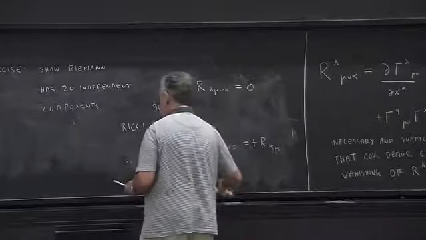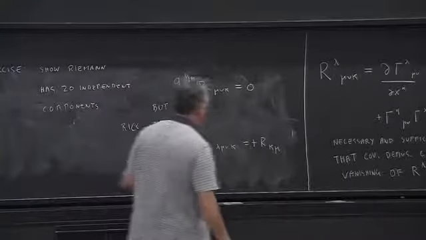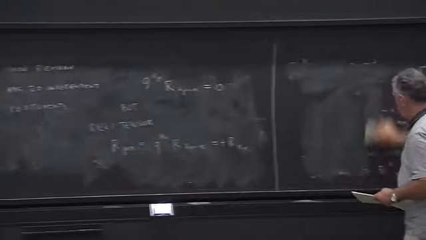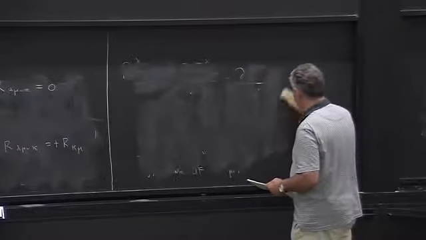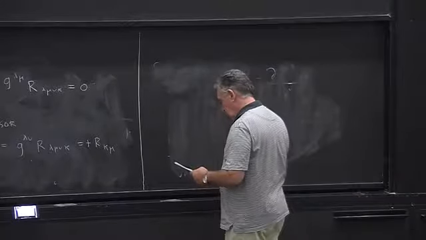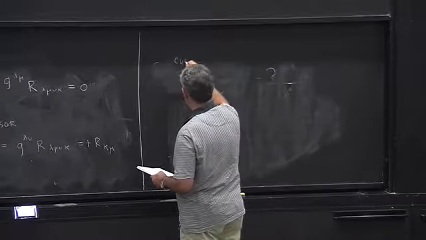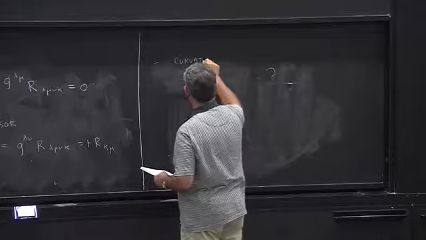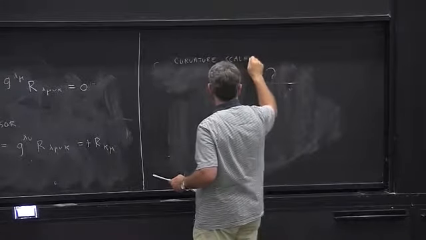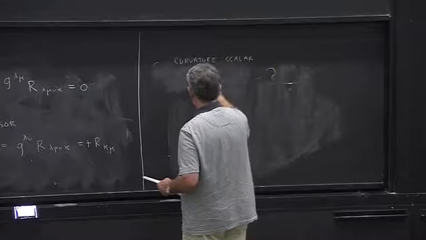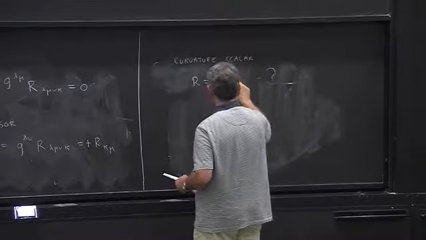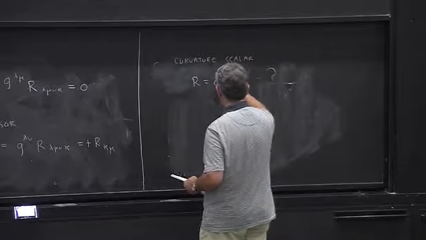Before we do that, let me define two other important tensors. There's the curvature scalar, which is just the contraction of the Ricci tensor, g mu nu R mu nu.